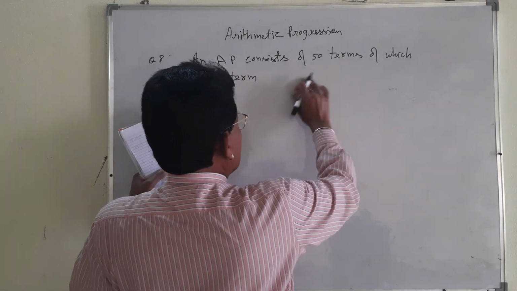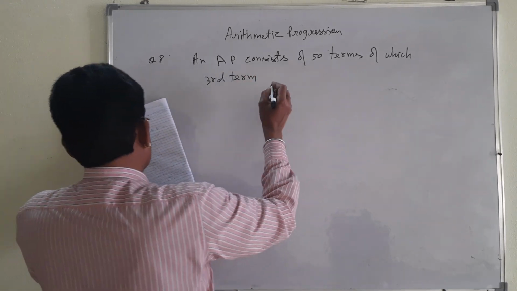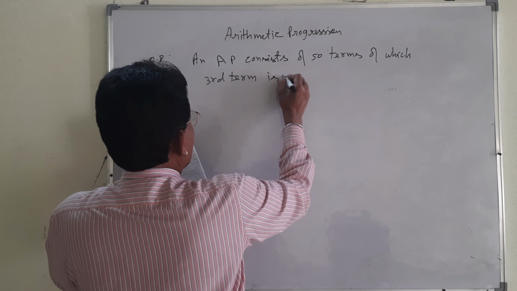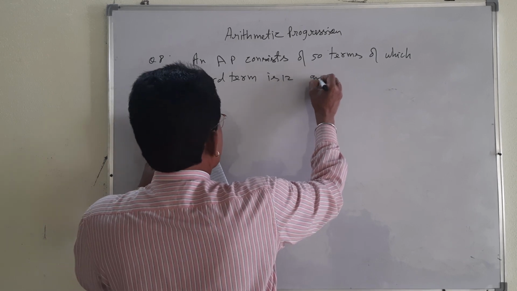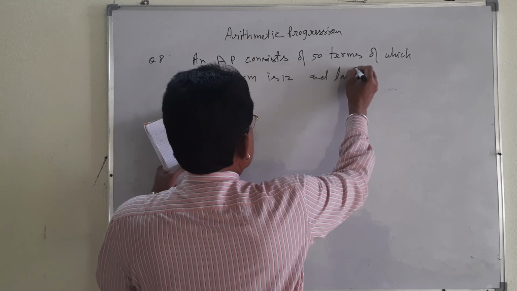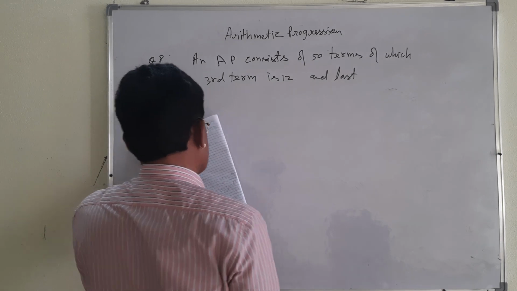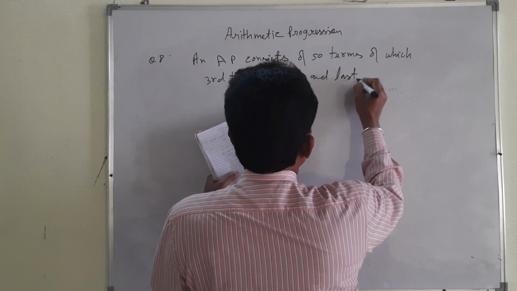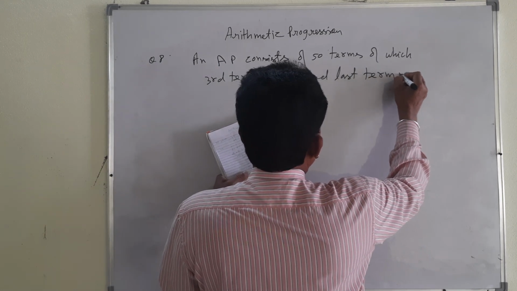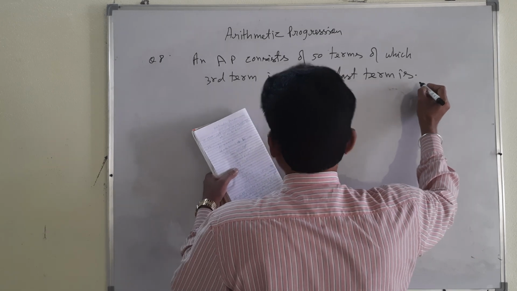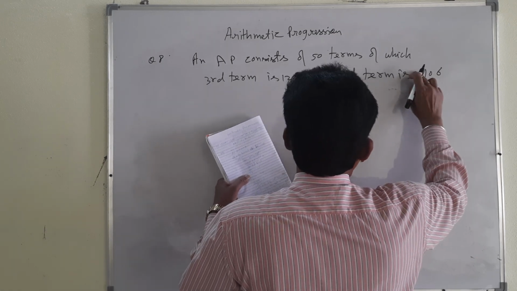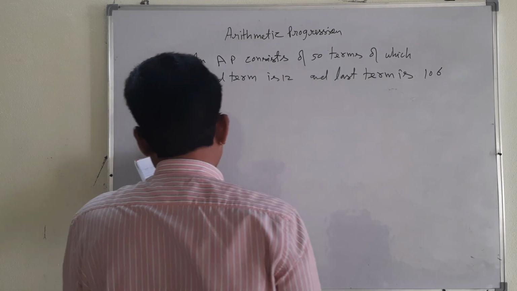There are 50 terms in the arithmetic progression. You see, the third term is 12, and the last term, in the progression there will be the last term, is 106.